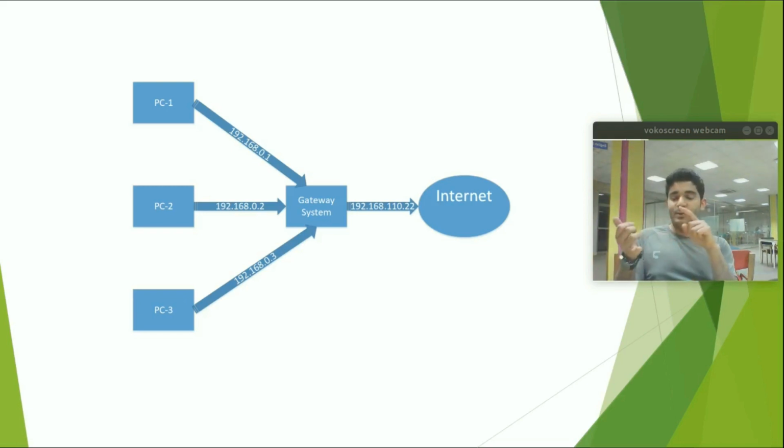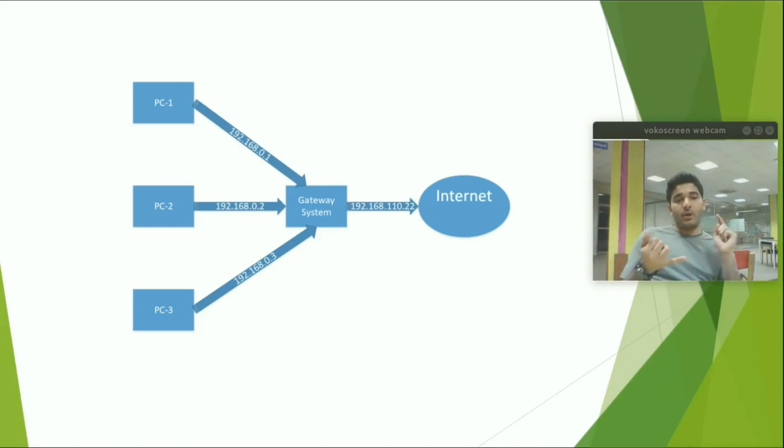PC1 has a different private IP address, but when it sends the request through the gateway, the gateway replaces the IP address of PC1 with its own address and then sends the request to the internet. In that way, the internet assumes that the gateway system is the source of the request. Isn't it magical? Yes, it is.